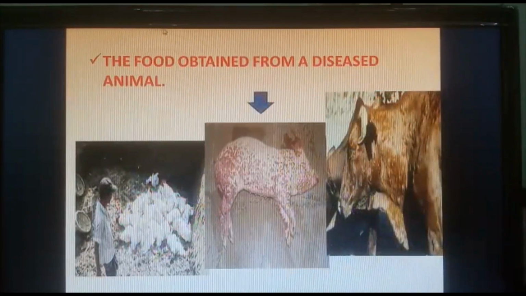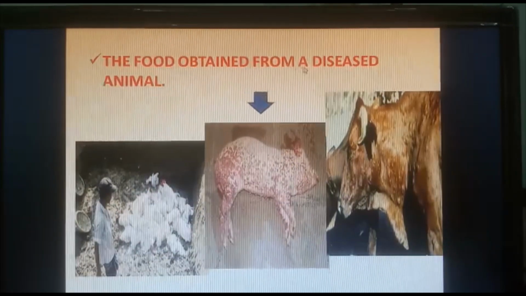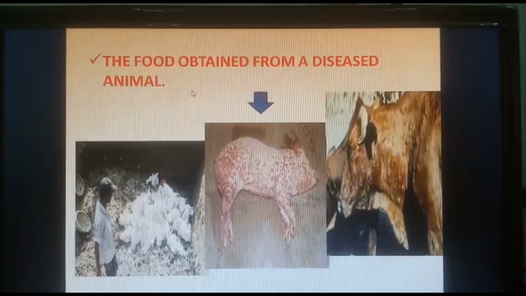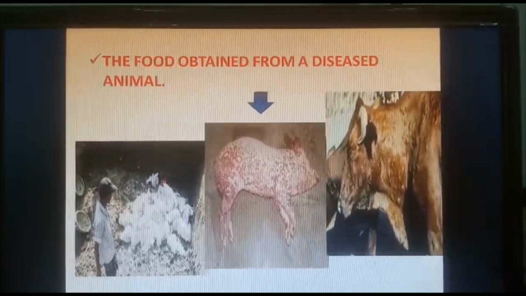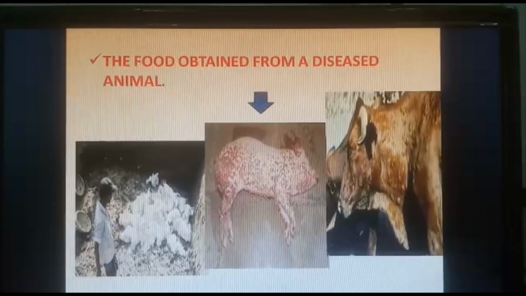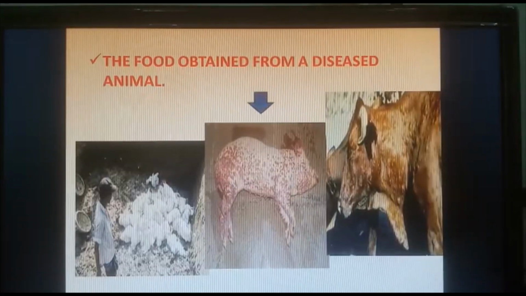Next, the food obtained from a diseased animal. As we know, we consume different types of animal based food products, like meat, fish, then egg, okay.